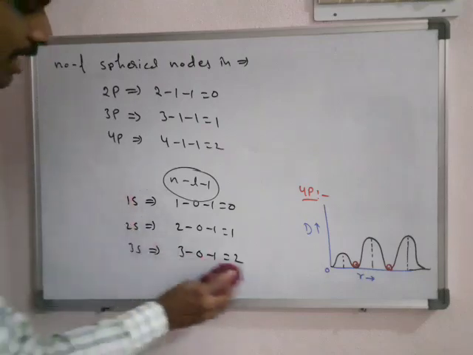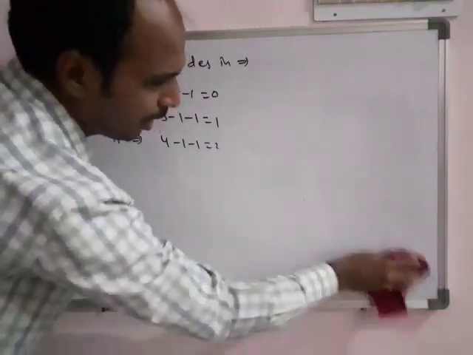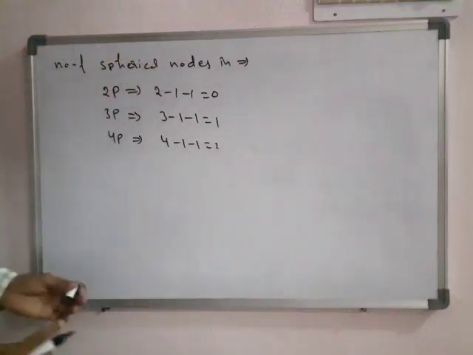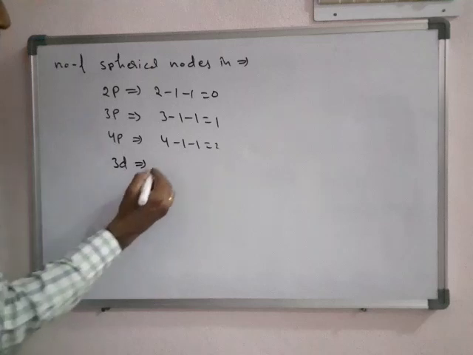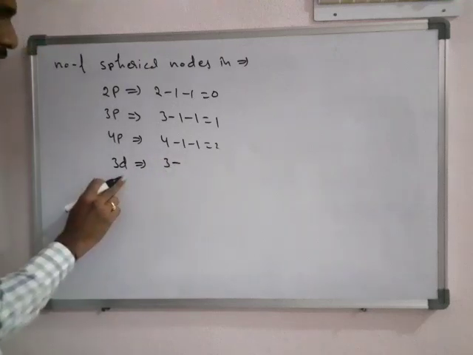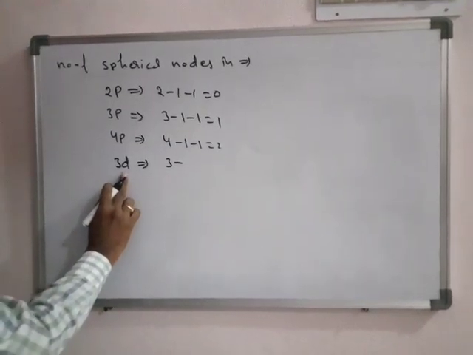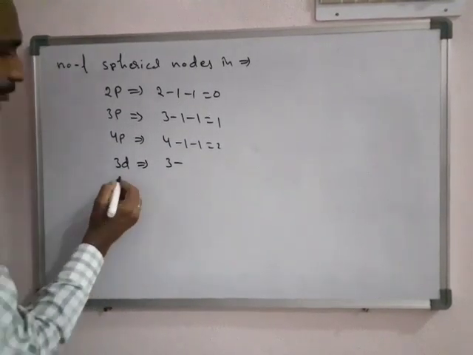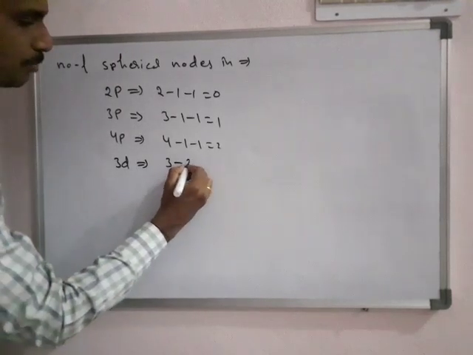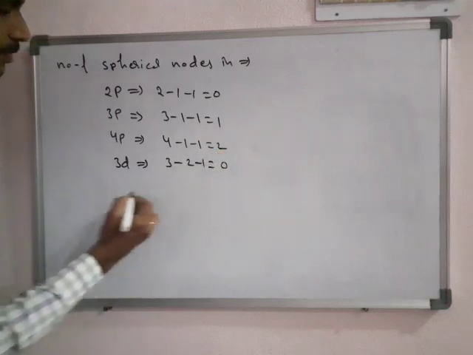Even for other orbitals we can calculate it. We haven't drawn diagrams for them yet, but we are able to calculate it. For example, 3d: 3 minus, what is the l value for the d subshell? s, p, d is 0, 1, 2. n minus l minus 1, so 3 minus 2 minus 1 is 0.